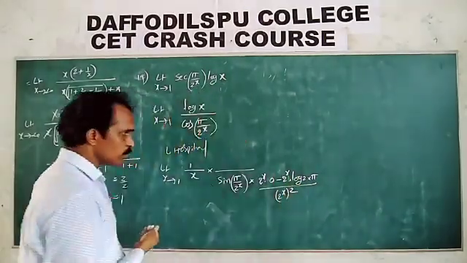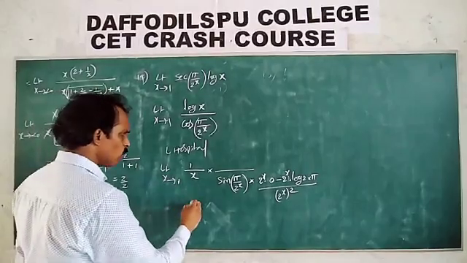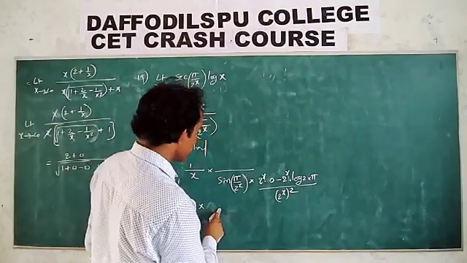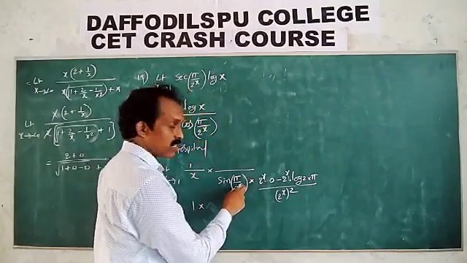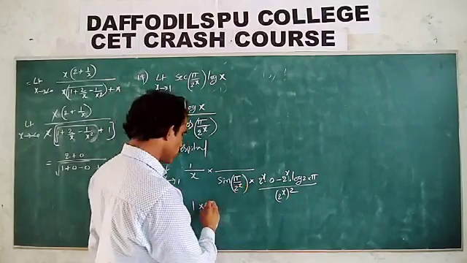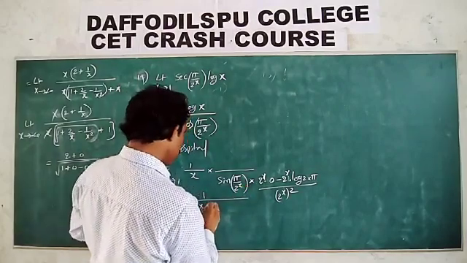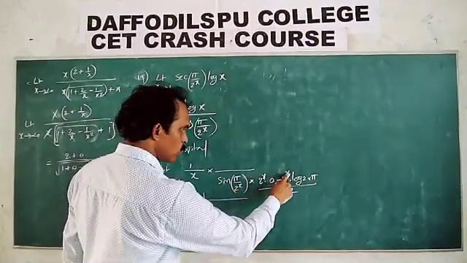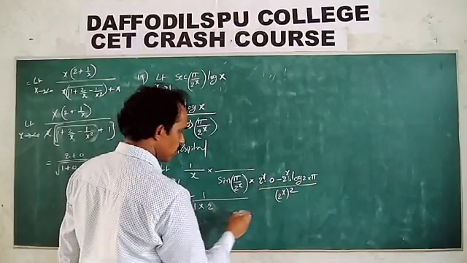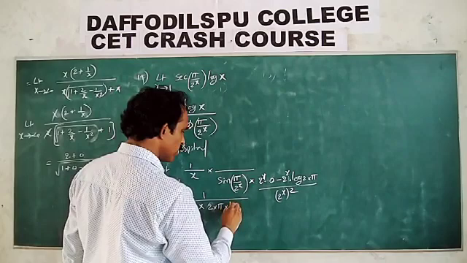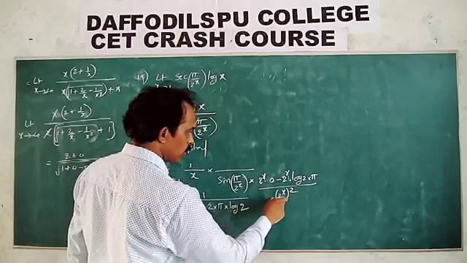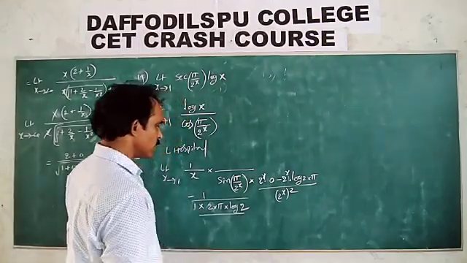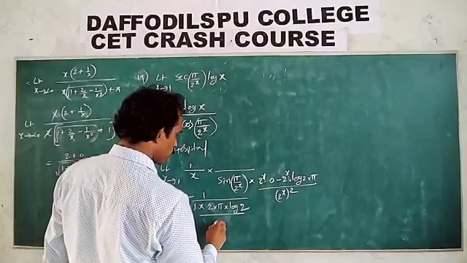Now substitute x tends to 1: 1 by x value 1, sine of pi by 2 power 1, which is 2 pi by 2 value, so denominator 1. So this is minus 2 power 1 into pi into log 2, over 2 power 1 whole square, which is equal to 4.